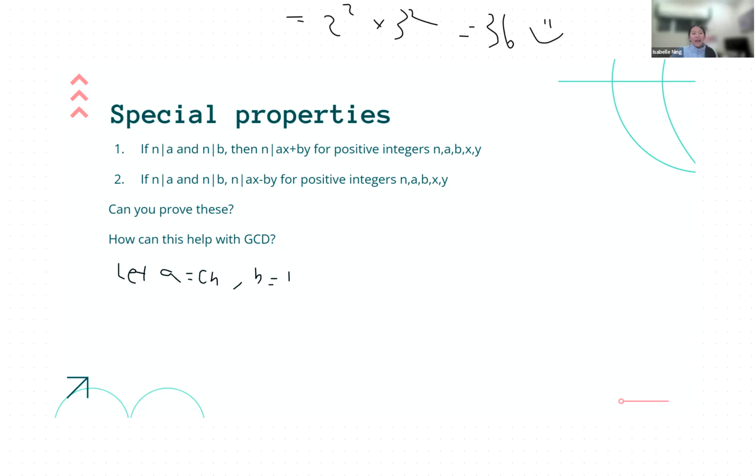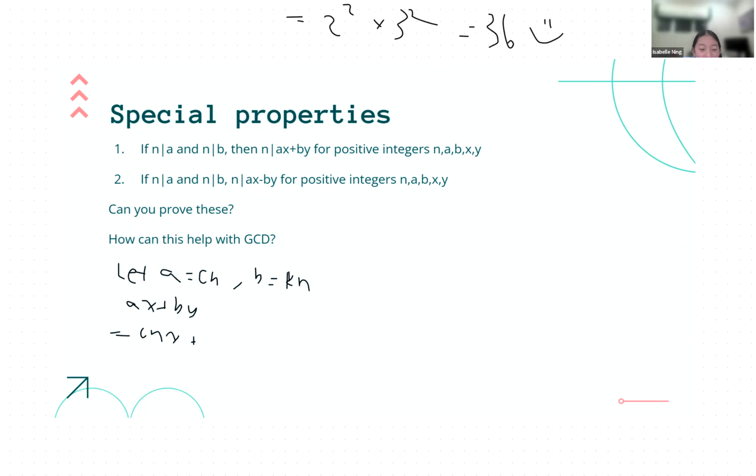And then we know that C and K are integers, right? By the definition of N divides A and N divides B. So we're saying A equals some number times N. That makes sense, right? So we can rewrite the expression AX plus BY as CNX plus KNY.